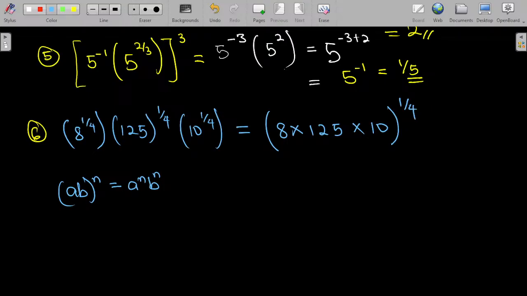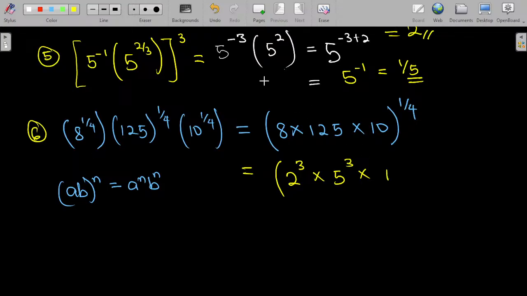Okay, so what is going to happen then now? Raised to the power of 1 over 4, yes. What's going to happen here? I will try to see if I can multiply this, or I should change them to index form. This is 2 to the power of 3, and this one is 5 to the power of 3, while this one is 10.